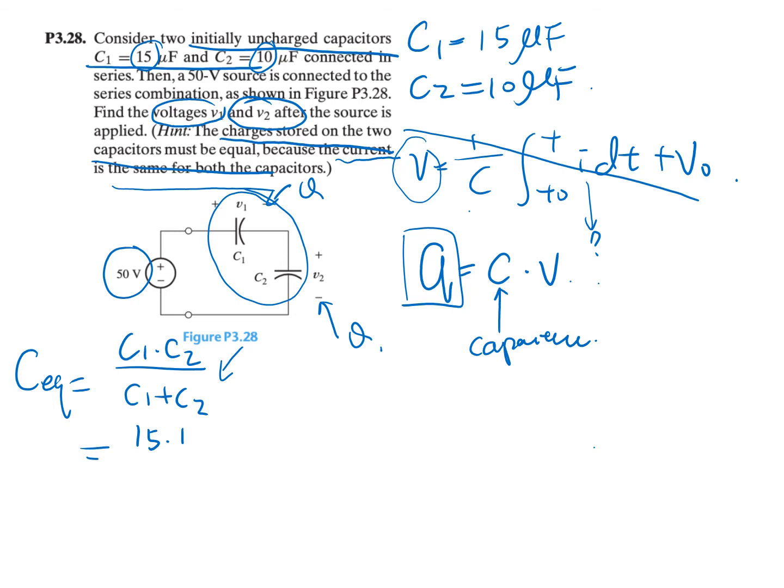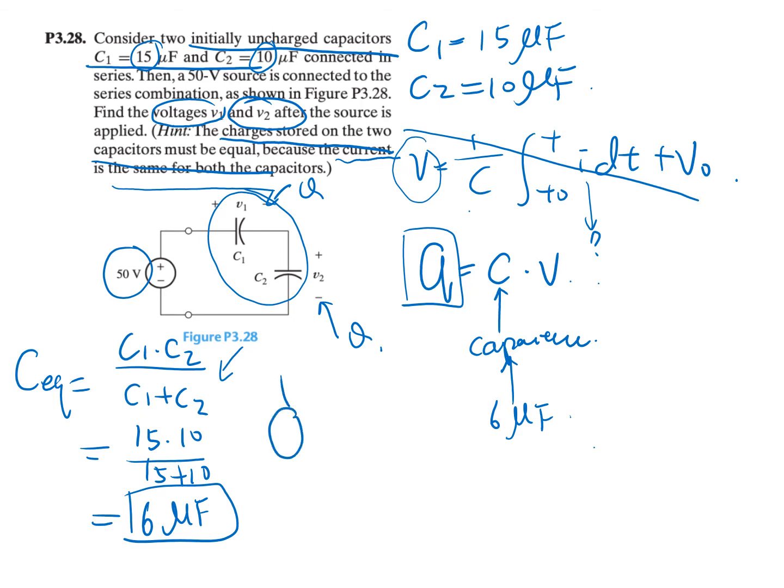You get 50 times 10 over 50 plus 10. You will get a CEQ equal to 6 microfarads. So we have a CEQ, and to find out the charge Q, we can use CEQ here. This is 6 microfarads.